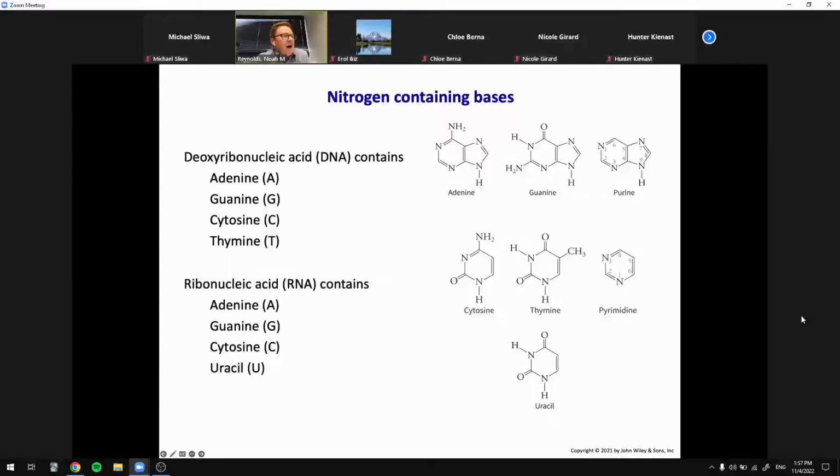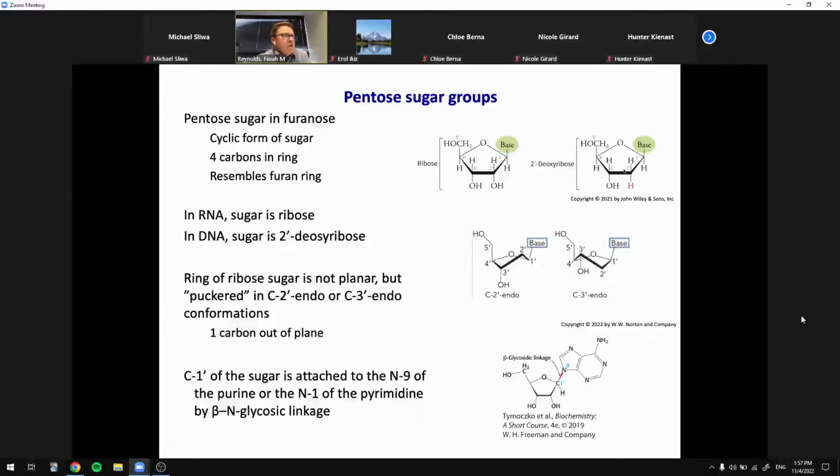I'm not going to have you draw these. I would suggest you know the numbering on them, and where that base attaches to the sugar, like which position.